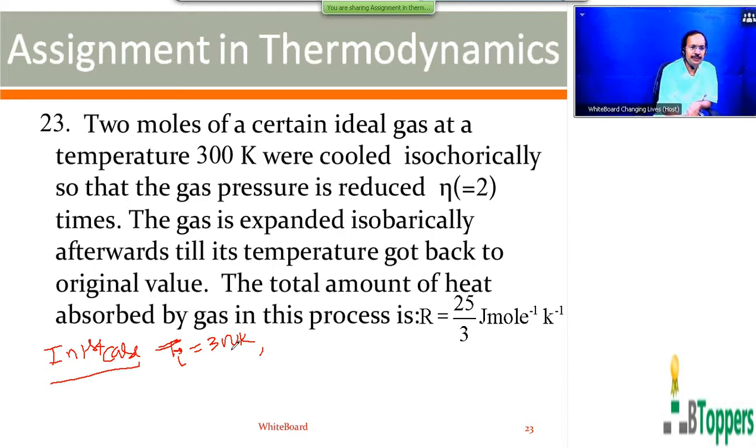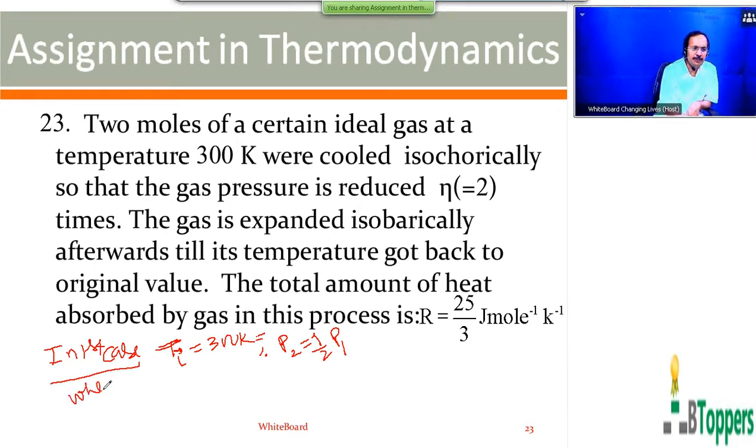The pressure of the gas becomes half. So P2 is the final pressure, that is half of the initial pressure P1. We can find the final temperature.